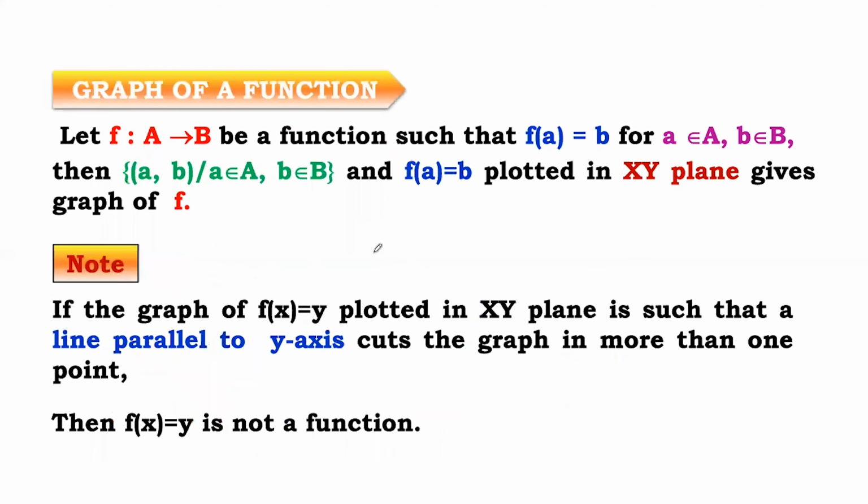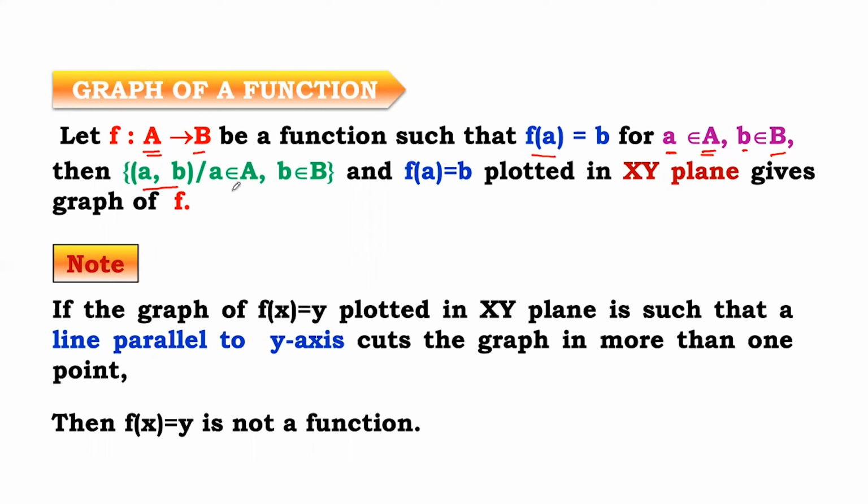Okay, now the graph of a function, right? What we have studied in set theory or in mapping, now we have to use in a graph, right? Let's see how. f from A to B is a function such that f(a) = b. This small a belongs to set A, small b belongs to set B, right?